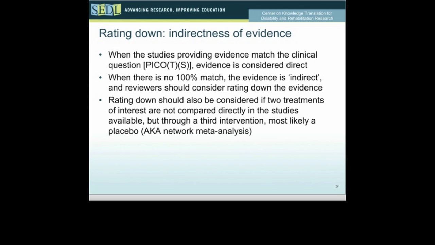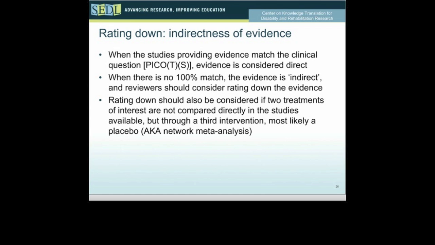If you are looking at treatments for people with traumatic brain injury, and the best you have available is from studies of people with stroke, well, can you use this evidence? In some instances, you may say there's 100% overlap on how this works in these 2 populations.